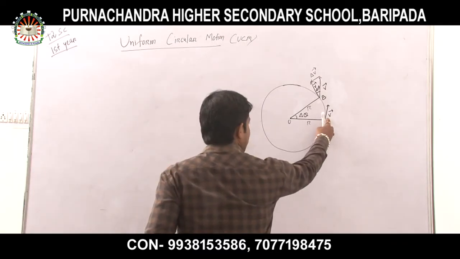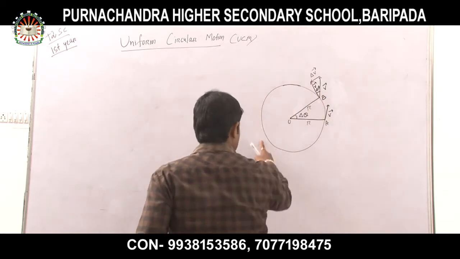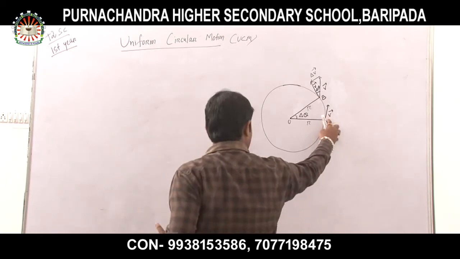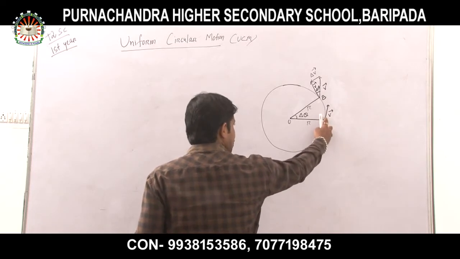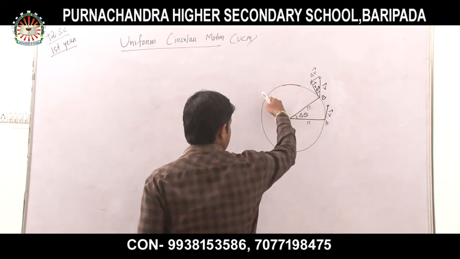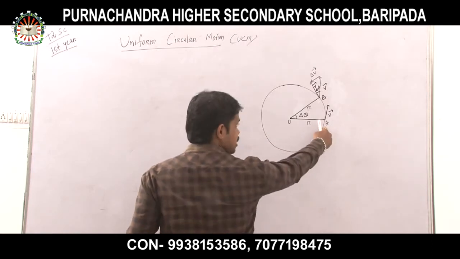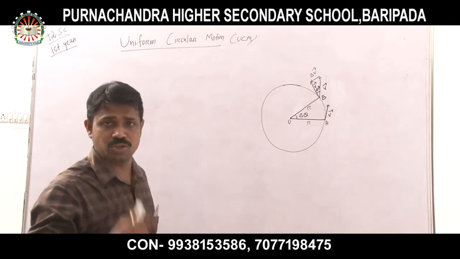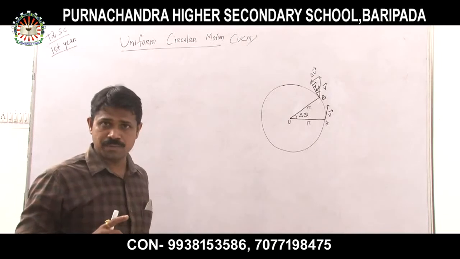Suppose the object is at A, and it rotates along the circumference and comes back to A. Again, listen very carefully. When the object is at A, it starts its motion, goes along the circumference, and again reaches A. Then it covers one revolution, or a complete circle.